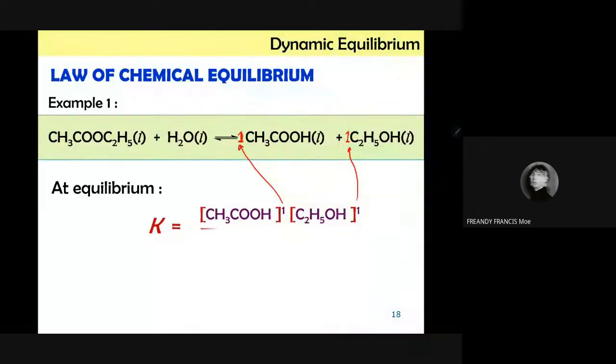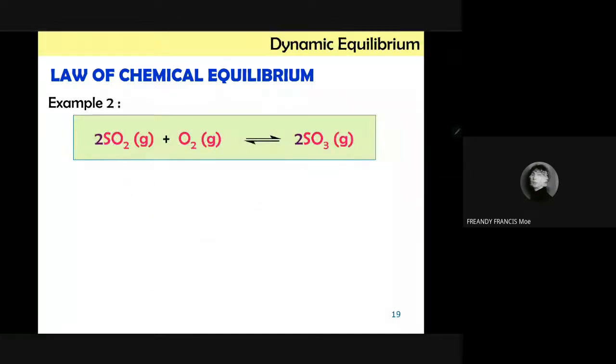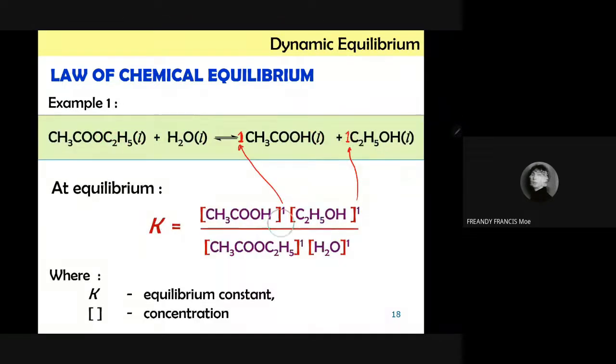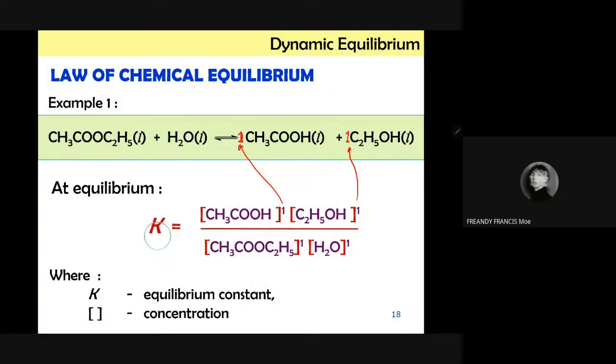Bahagikan dengan concentration of reactant multiplied by concentration of reactant dan dua-dua to the power of 1 juga. Okay. So ini adalah nilai dia. Jadi kalau kita ada nilai concentration, kita boleh kira nilai K tu berapa. Okay. So if we have the value of each of this concentration, iaitu molarity, okay, kita boleh kira nilai K dekat equilibrium.